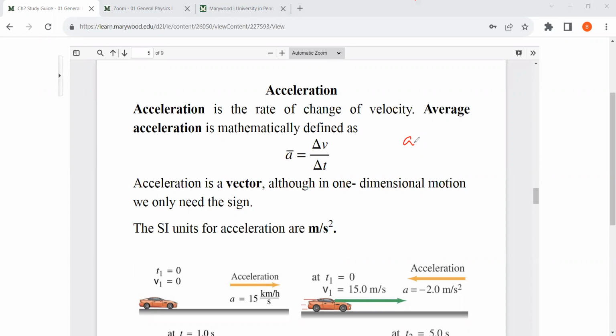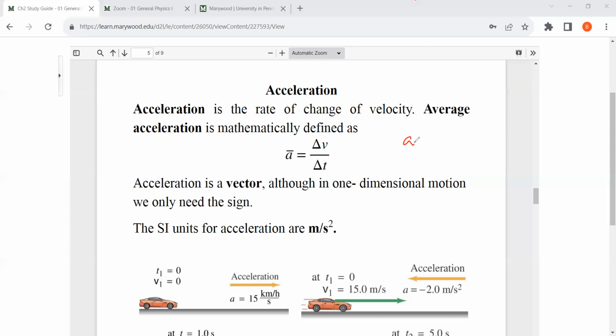When we speed up, we basically change the speed, change the velocity. So speeding up is acceleration and slowing down is deceleration. In both cases, we change our velocity.